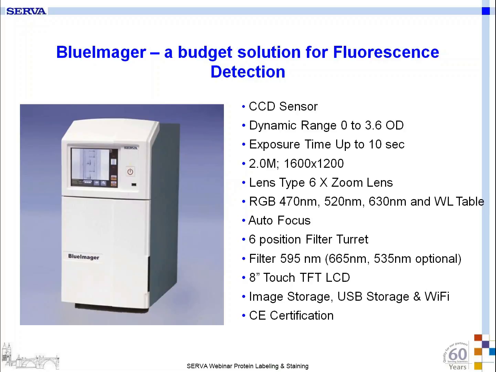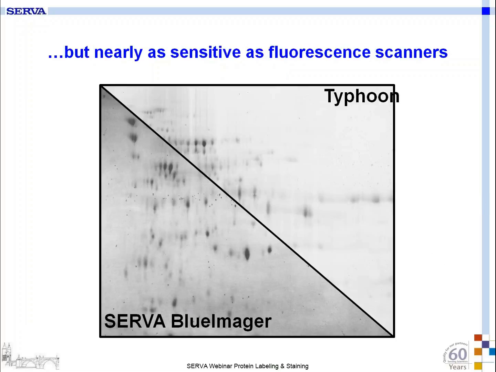Of course, it is CE certified. And here we did a comparison, the very expensive Typhoon scanner and our BlueImager, and you see that you nearly see no difference between the intensity of the single spots here.